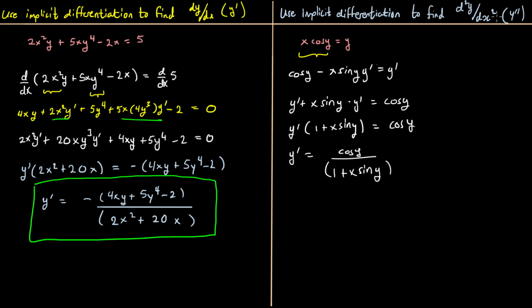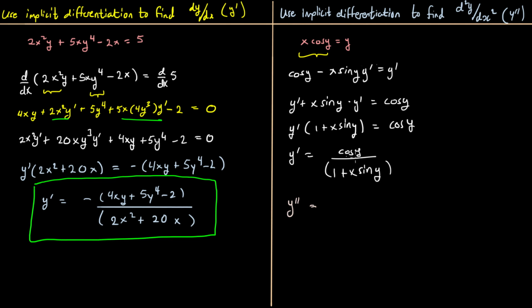So we need to find the second derivative here, and we can do so simply by taking the derivative of y prime. So if we do that, we're going to have y double prime is equal to, now we have to apply the quotient rule over here. So the derivative of this function is going to be the derivative of the top times the bottom minus the derivative of the bottom times the top divided by the denominator squared.